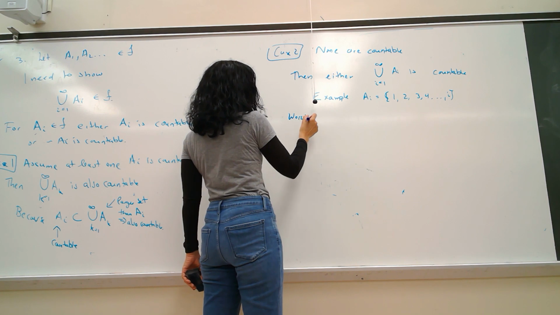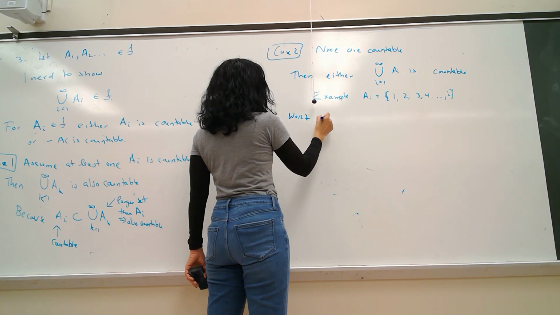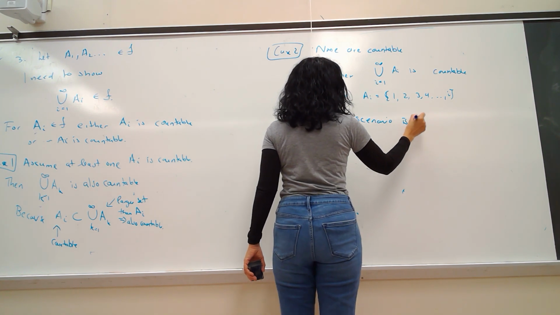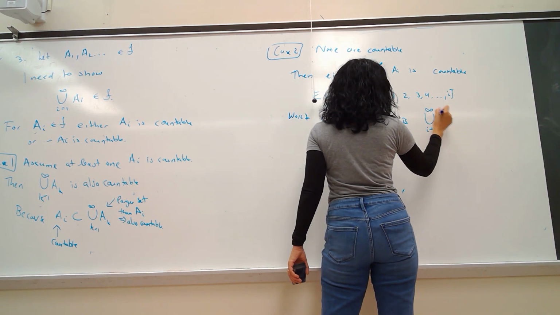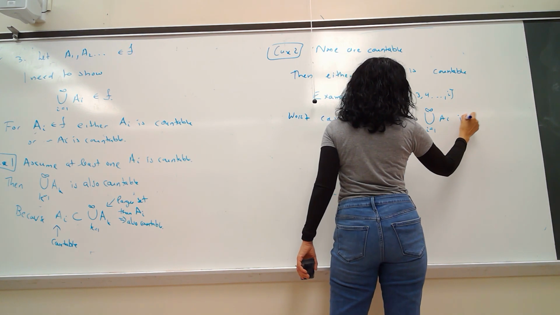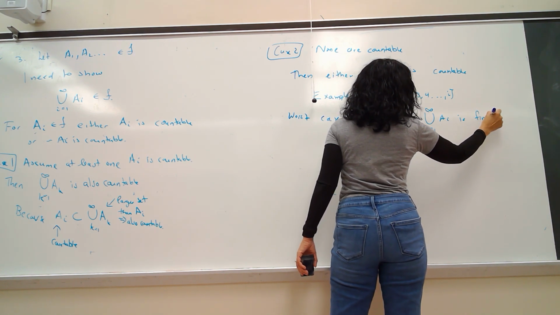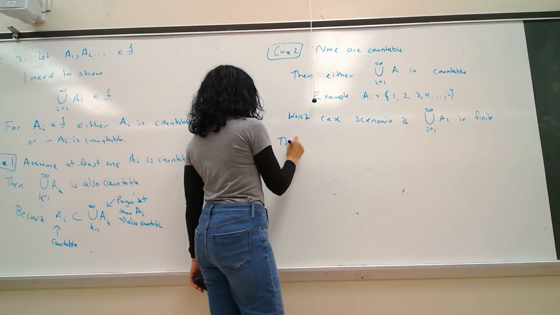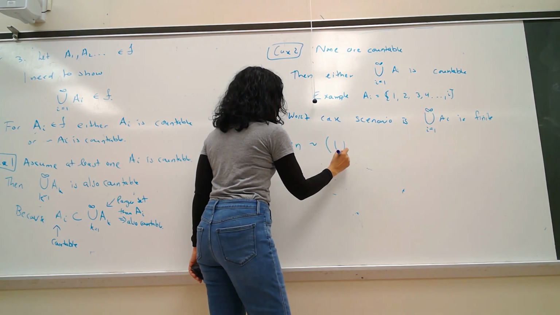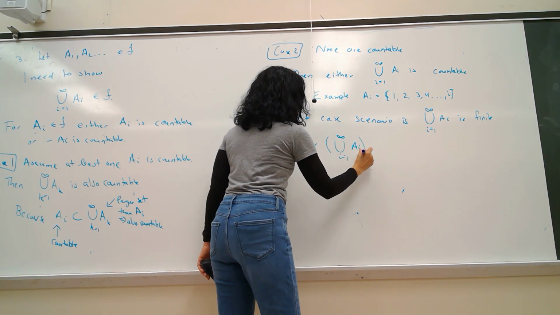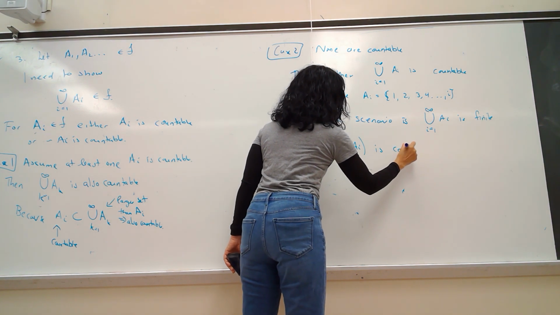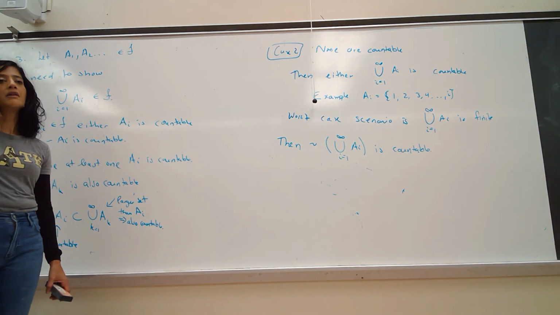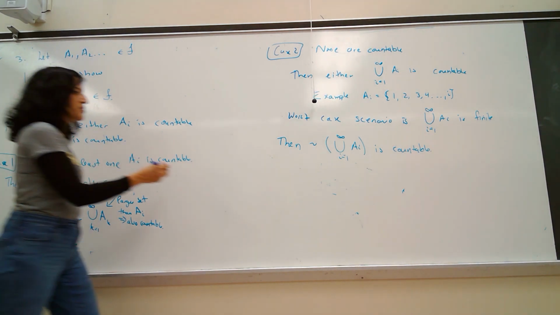I can't even imagine what example I can make where this happens, but let's say worst case scenario the union of these A_i is finite. That's the worst case scenario. But then the complement has to be infinite, because I've only punched out a finite number of holes.